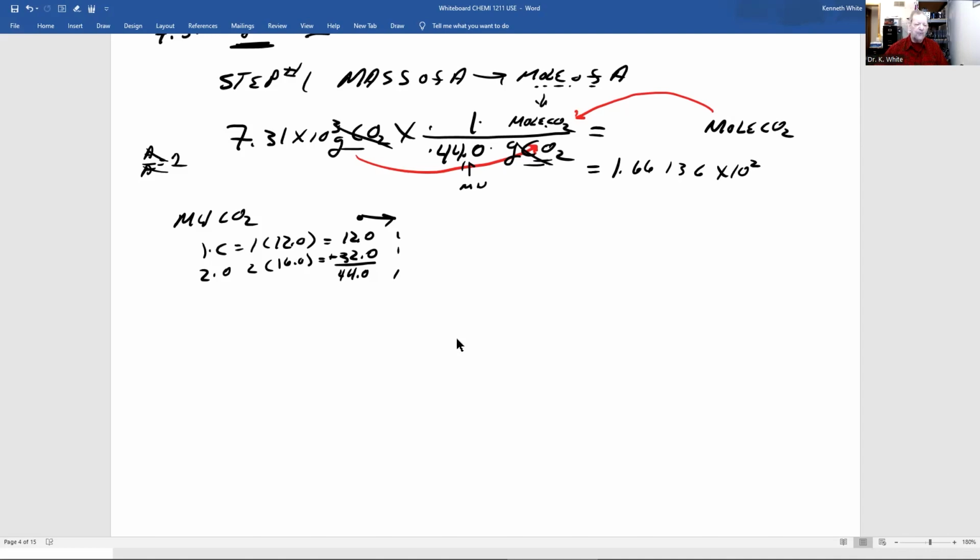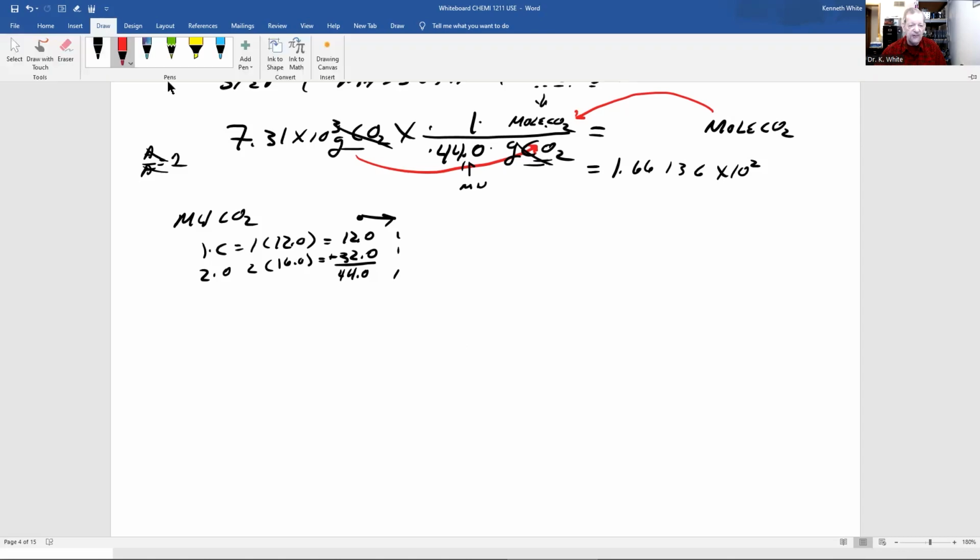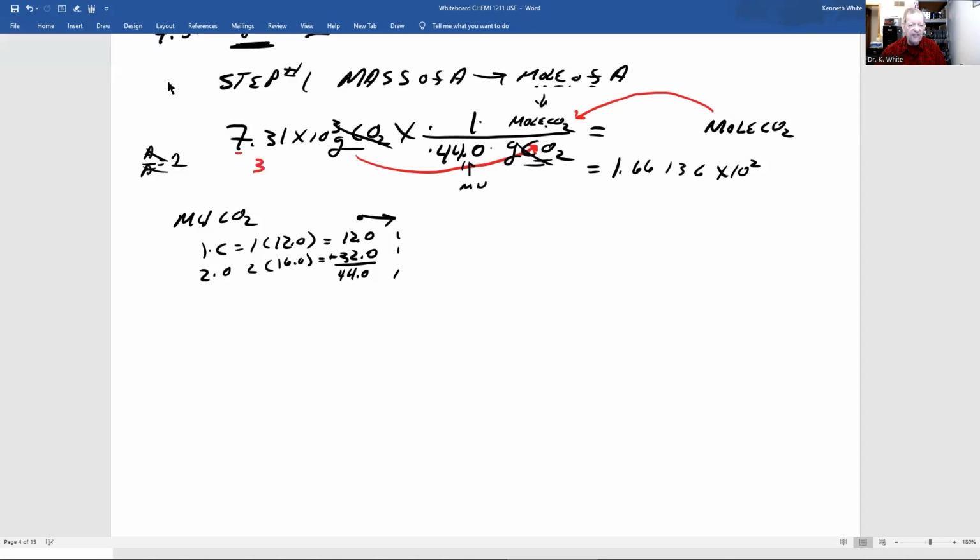Now, remember, when you have both multiplication and division, your answer has the same number of significant figures as the number that has the fewest significant figures. So if we look at this, this is 3 significant figures. All non-zero numbers are significant.